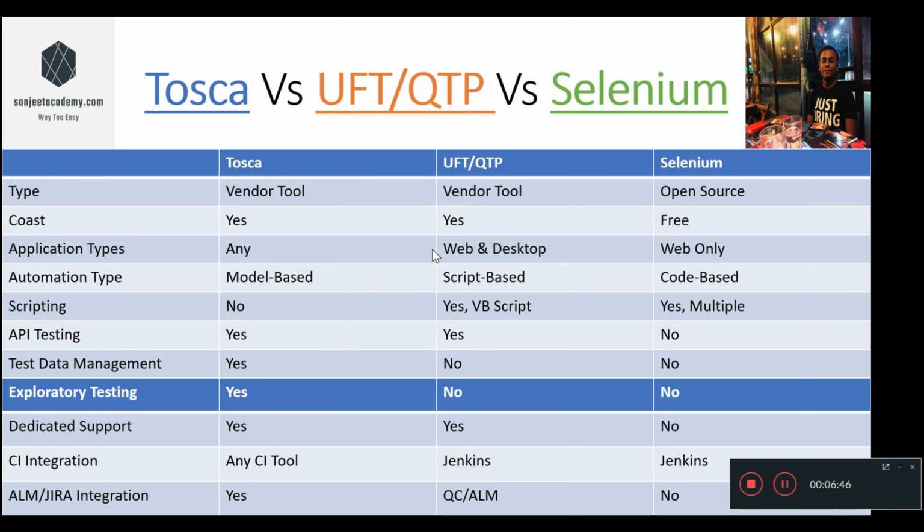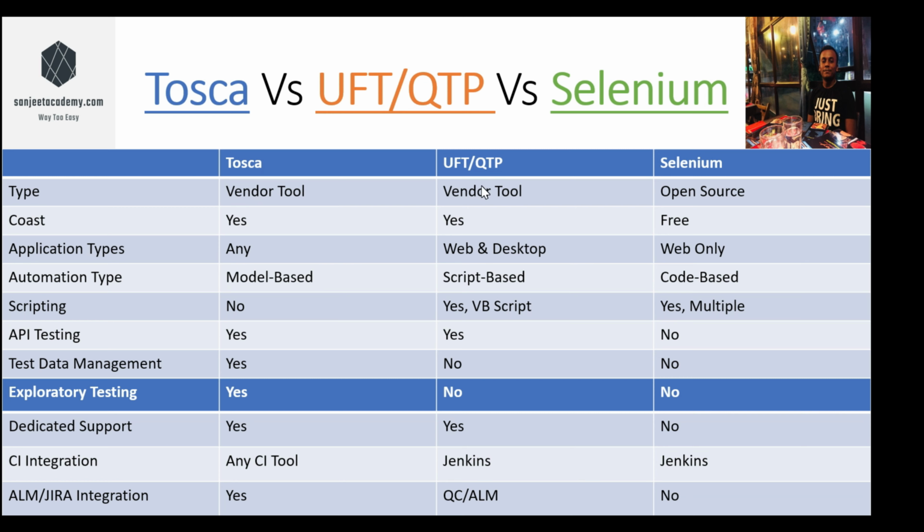Now let's discuss a comparison of Tosca with other automation tools, that is UFT, QTP, and Selenium. If you see over here, this is my website logo and this is our instructor, Sanjit Kumar Sahu. So this is Tosca, UFT, Selenium. Tosca is a vendor tool, as you can see.